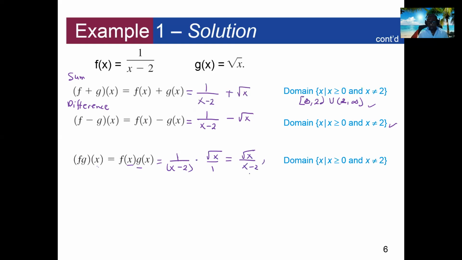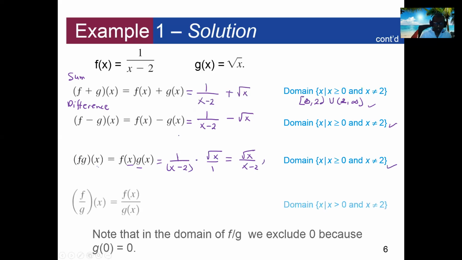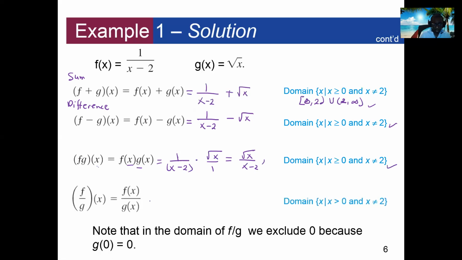Now, the domain of the numerator is x greater than or equal to 0, and x cannot be equal to 2 for the function f. If you combine it, you get the same domain.